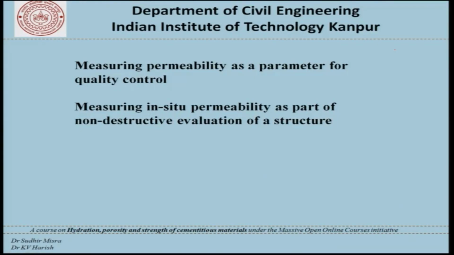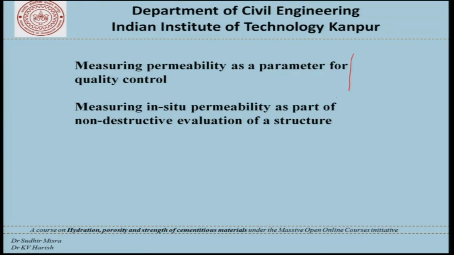Our discussion when we come to measuring permeability of concrete often gets divided into two parts. One is measuring permeability as a parameter for quality control, specifications and so on, which is basically an effort to understand the permeability as a property of the material that we are using or we are going to use.